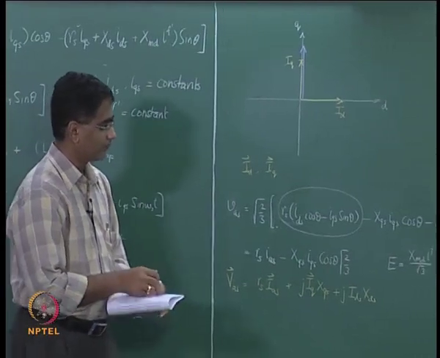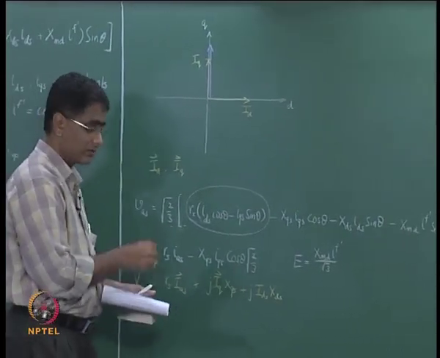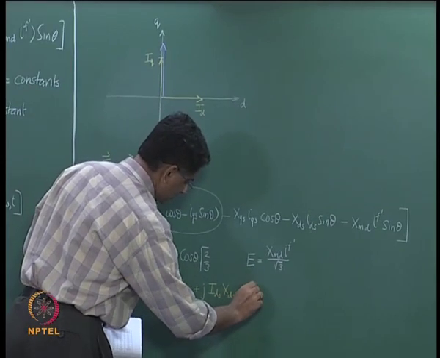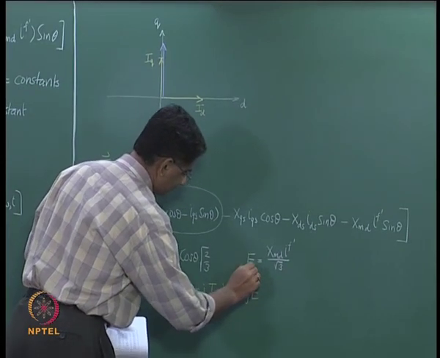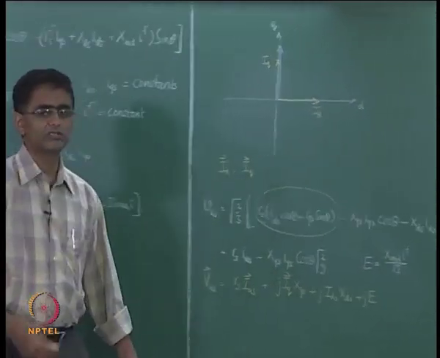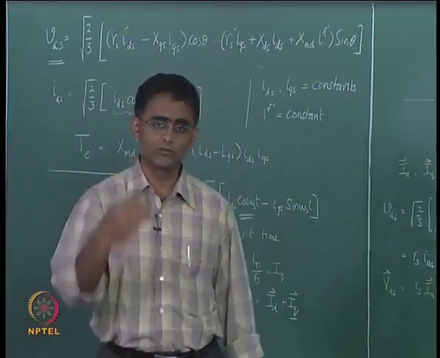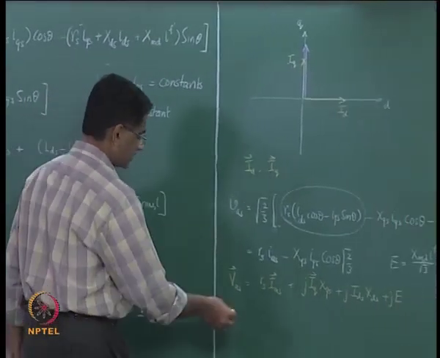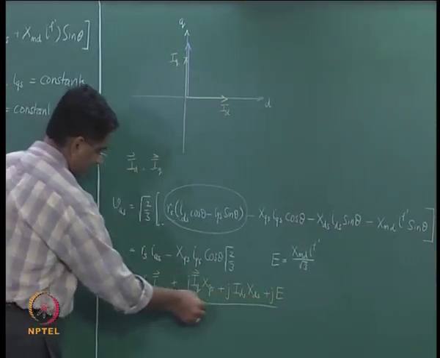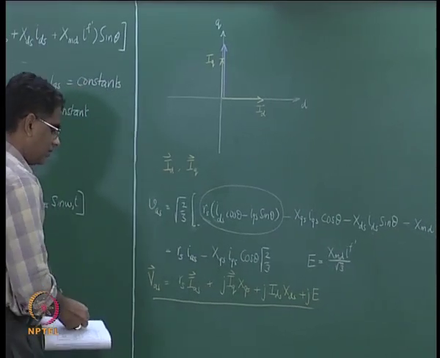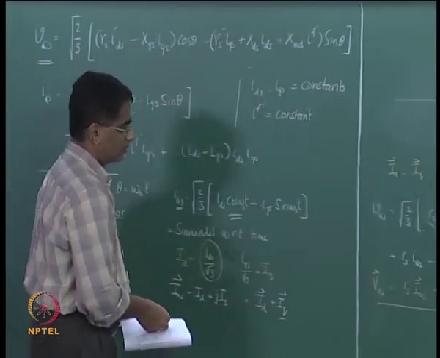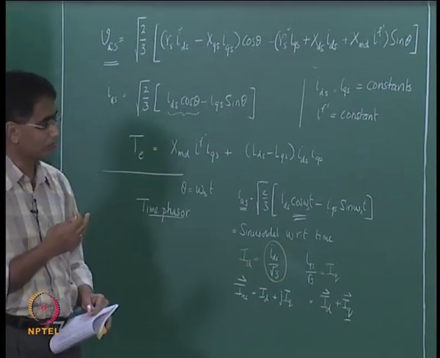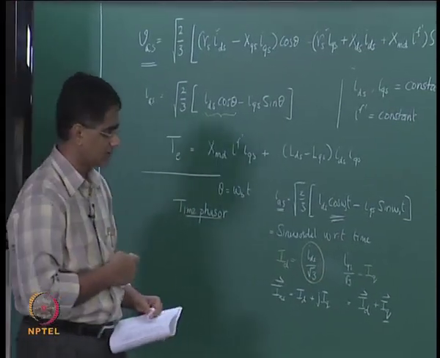Therefore this term in phasor notation can simply be written as j times this number E. Because it is j times the number E, it is understood that it lies along the q axis. So this is then the phasor representation of the phase voltage that is applied, which can then be used to construct phasor diagrams.